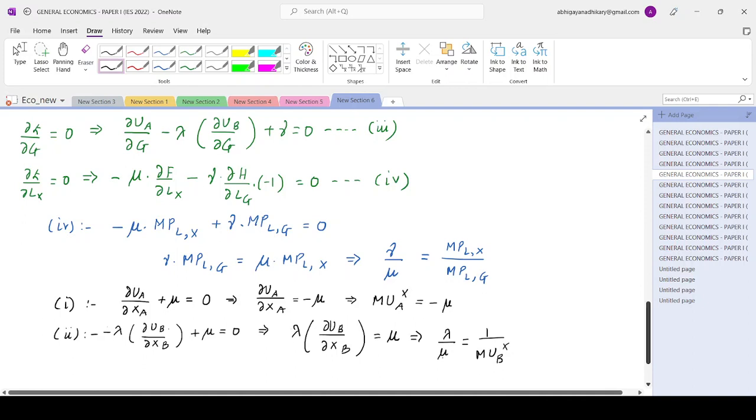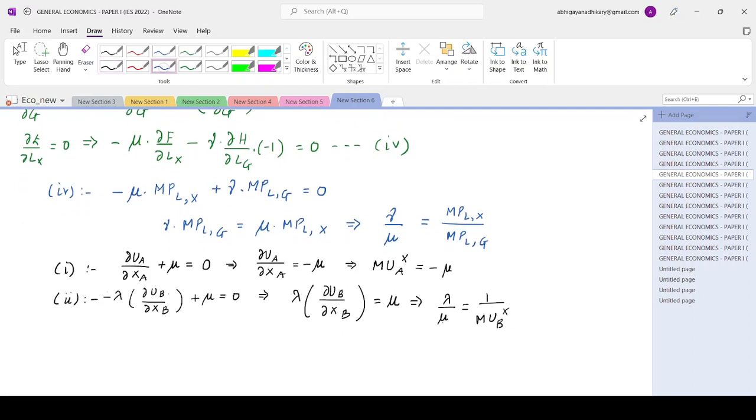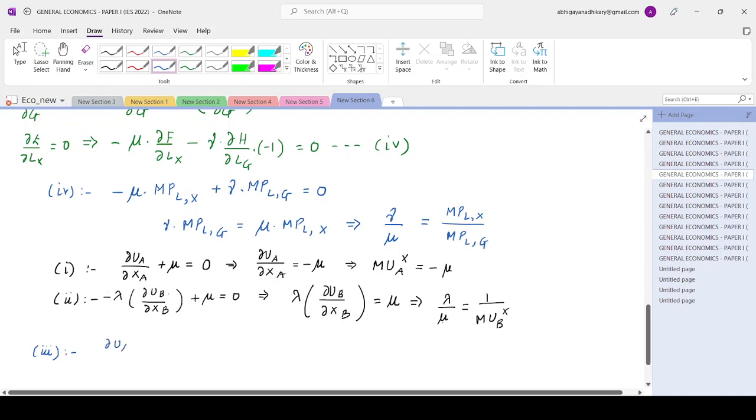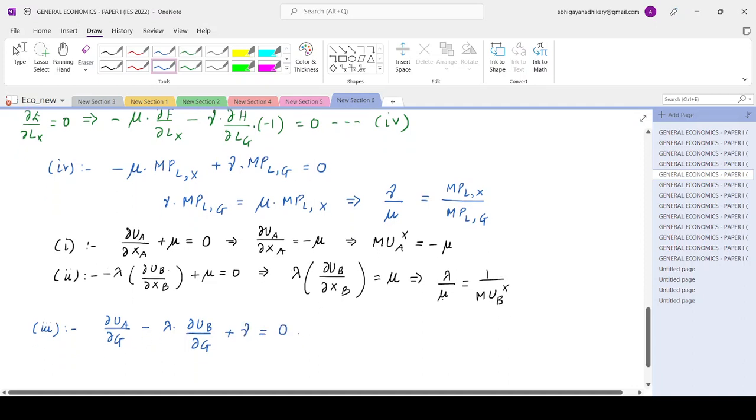Now using equation 3, we have del UA by del G minus lambda times del UB by del G plus gamma is equal to 0. What we can do is divide by mu on both sides.